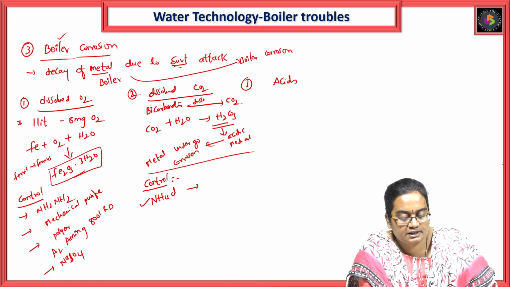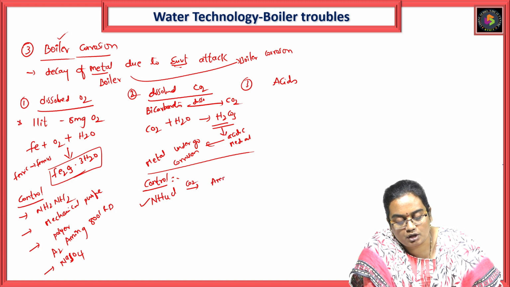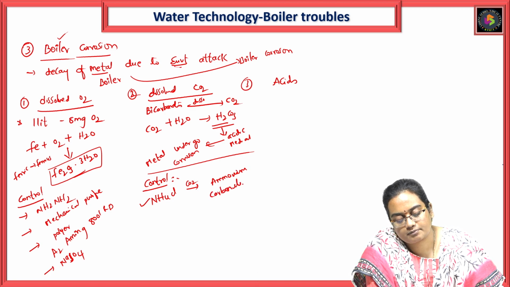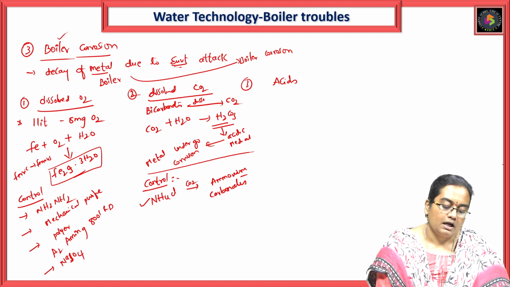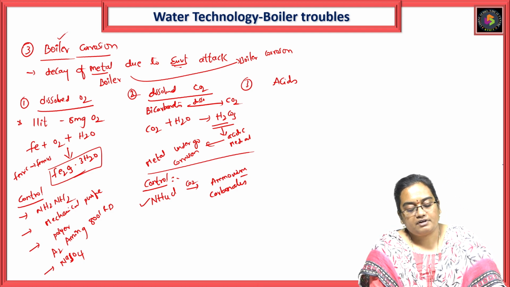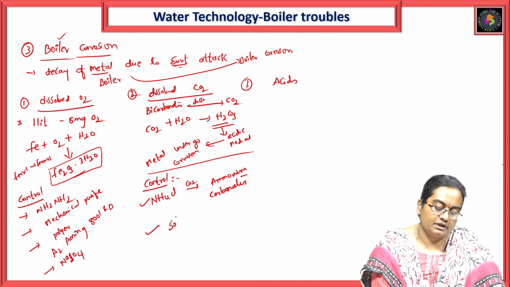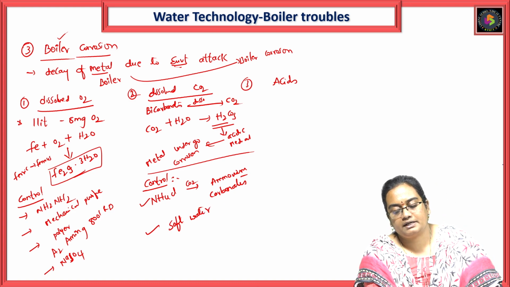When water is treated with ammonium chloride, carbon dioxide gets converted into ammonium carbonate. So this is one controlling method. Apart from that, if you use soft water, we can also control this problem. So this is dissolved carbon dioxide.